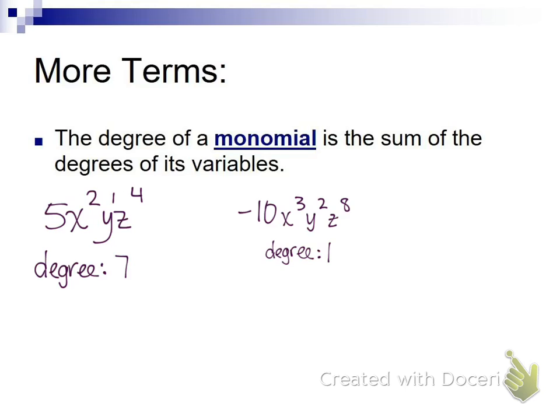So here the degree is 13. Questions about the degree of a monomial? Remember, a monomial is one term. Even though there are multiple variables, we're just multiplying them all together. Need more time on this slide.